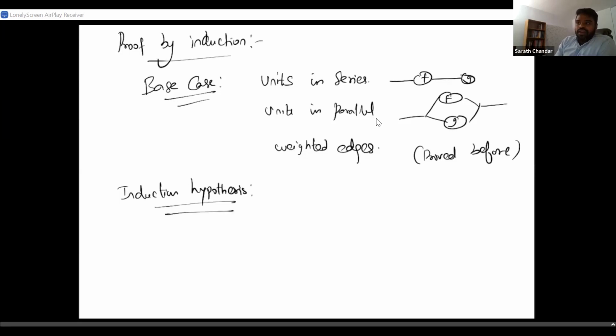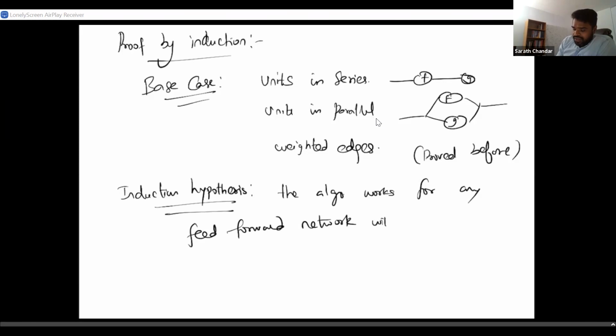So now my induction hypothesis is, I'm going to assume that the algorithm actually works for any feed-forward architecture with n or fewer nodes.